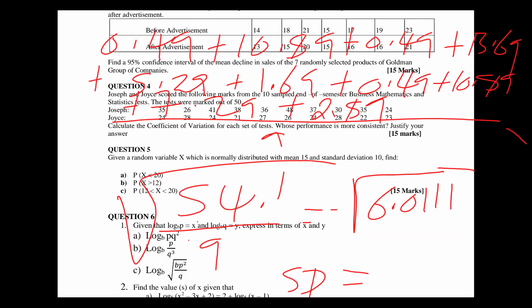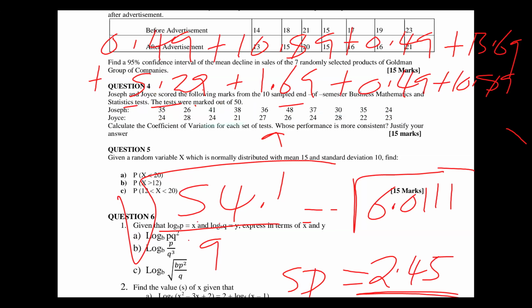The square root of 6. The square root of 6.011. It's giving me 2.4517340. Okay, at least that makes sense.